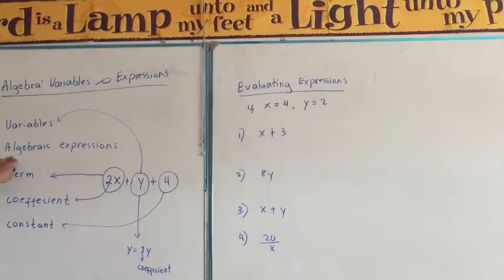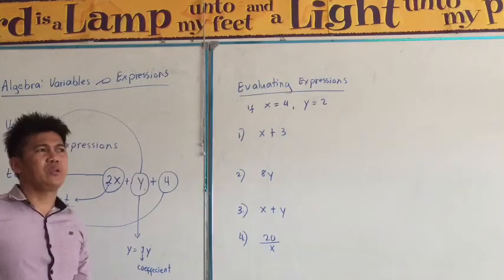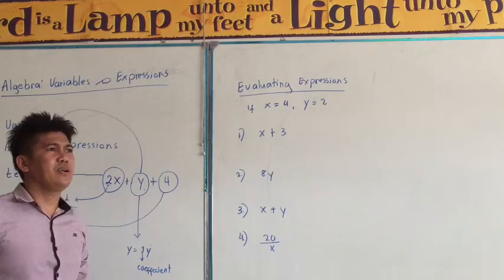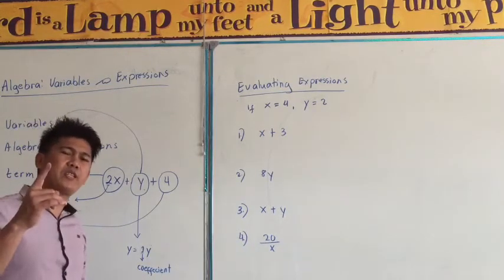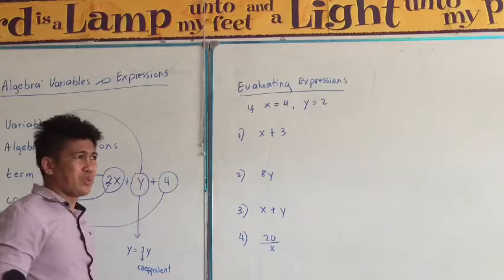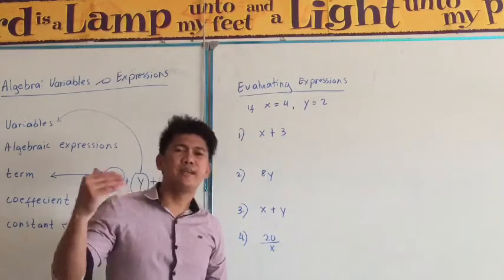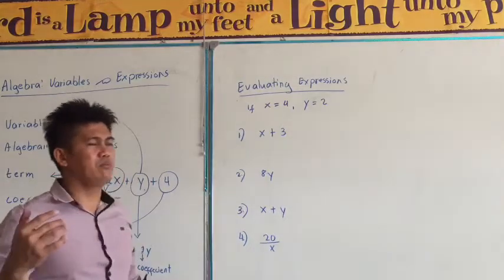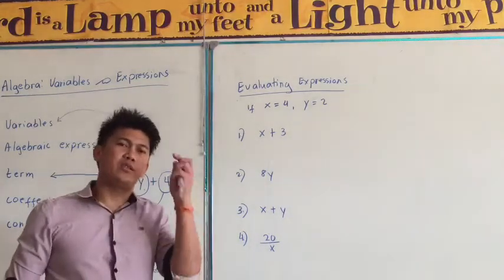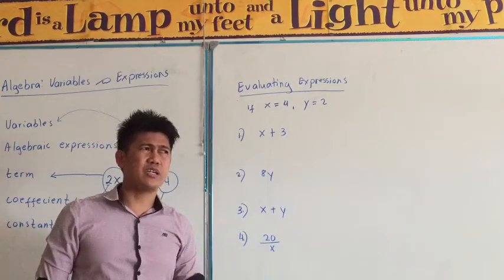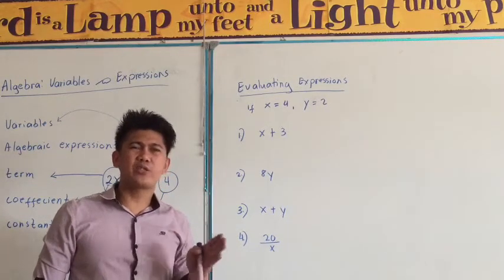Next is algebraic expressions. When a mathematical sentence includes a variable, a number, and at least one mathematical operation like plus, minus, division, or multiplication, then we can call it an algebraic expression.